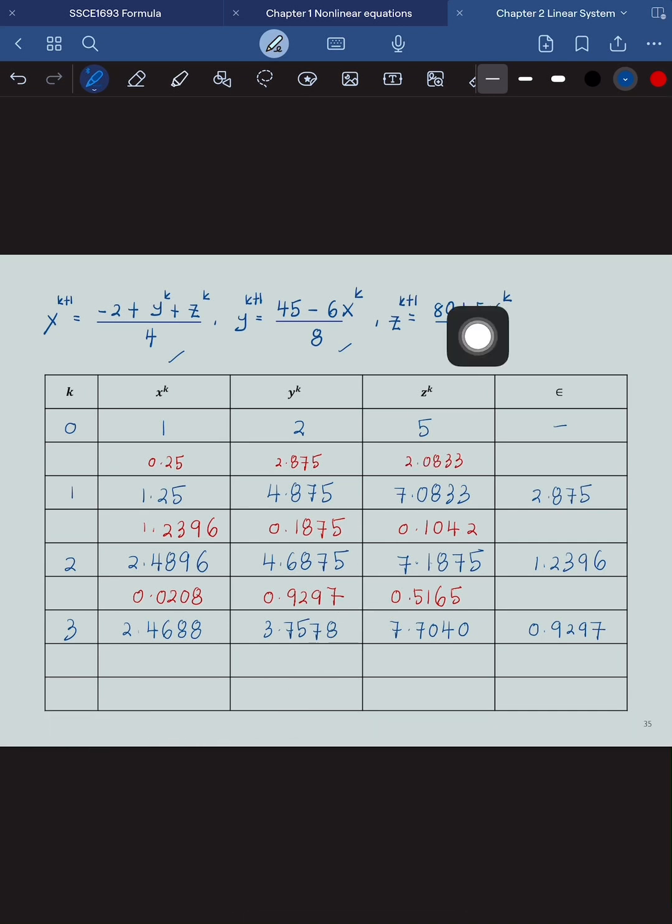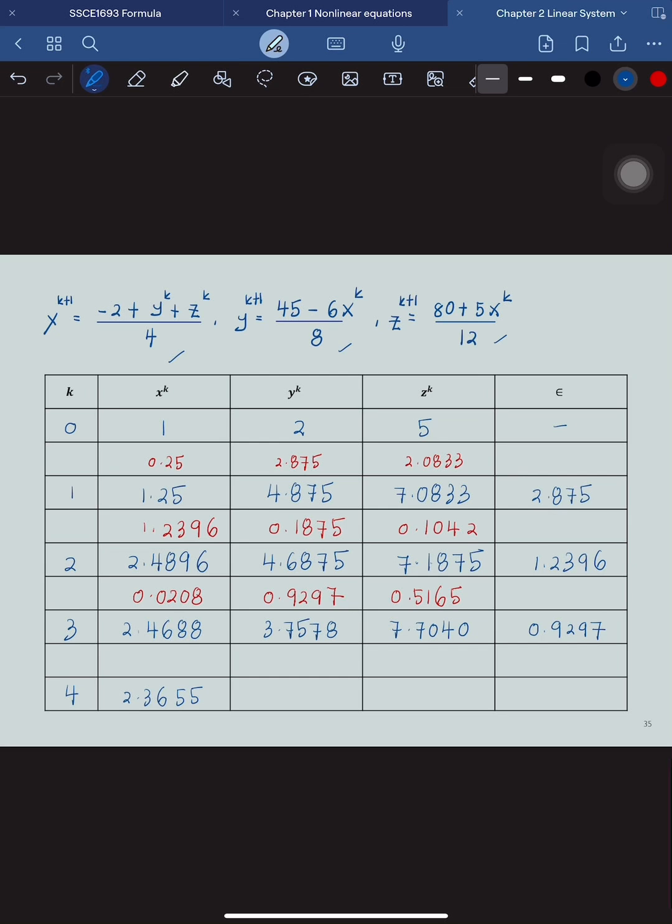So continue the iteration, number 4. Negative 2 plus y plus z, 7.7040, divided by 4, gives 2.3655.